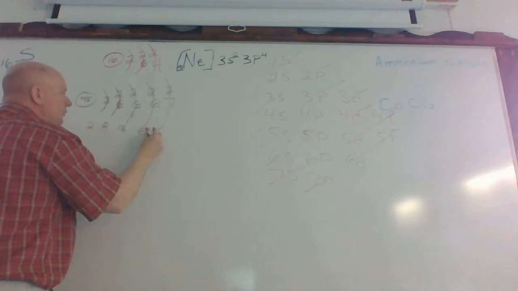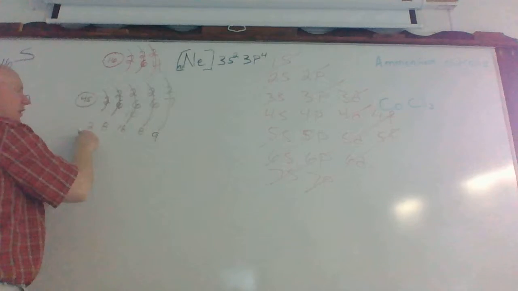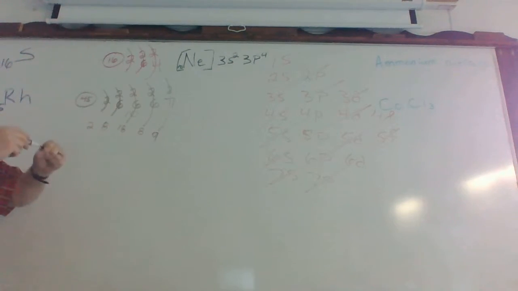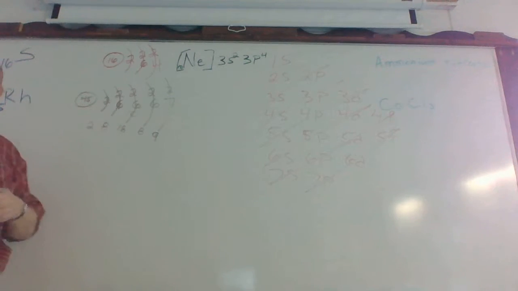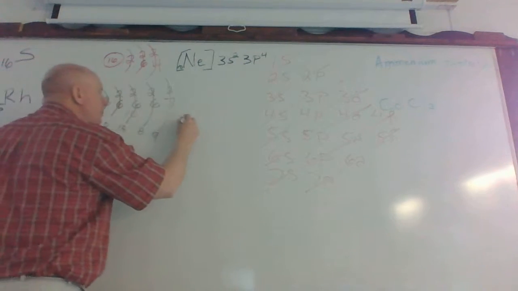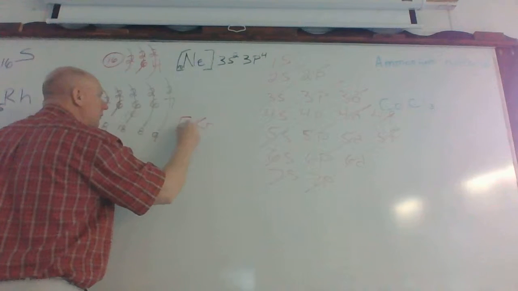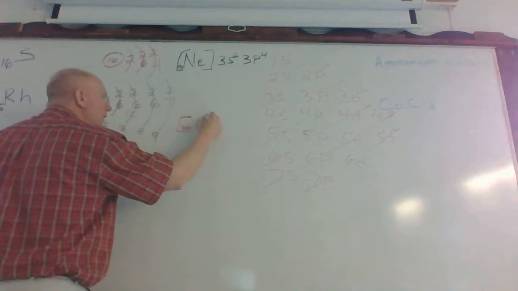Okay, so this was 9 here. Again, these are just the totals of electrons in each energy level. Okay, so if we're going to take a shortcut, what noble gas would we use for rhenium? Krypton. And that is element what's its atomic number? Okay.